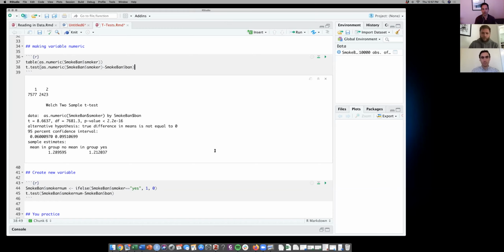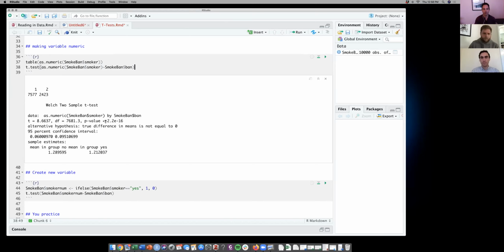The first thing you want to look for in a t-test is the p-value, because the p-value is telling you the probability that the two groups are not different.